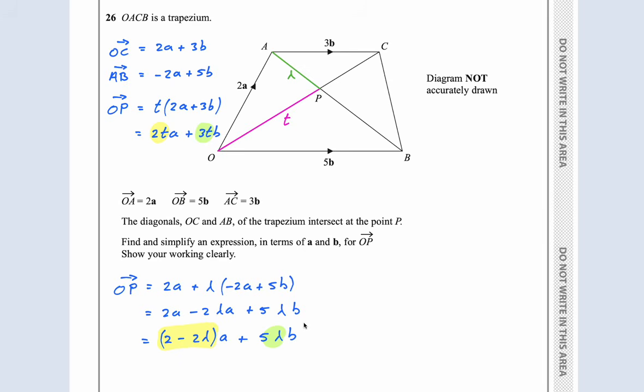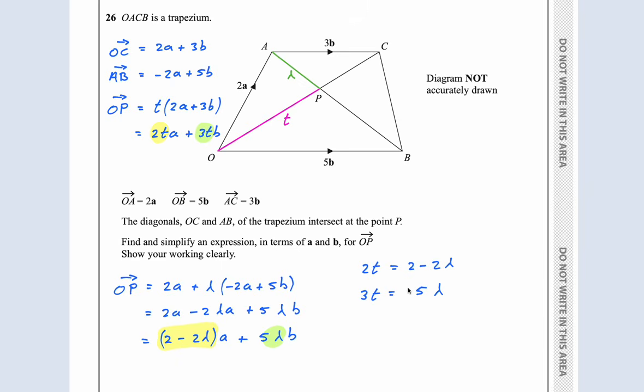Hence, I can say that 2t has to equal 2 minus 2 lambda. The yellow equals the yellow. And 3t has to equal 5 lambda.